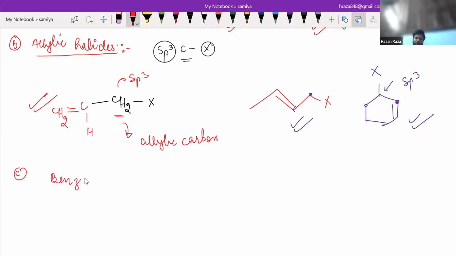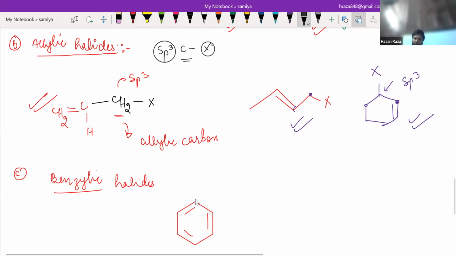Now the next is benzylic. Benzylic is also part of sp3 C-X, and we are talking about benzylic halides. You already know that every carbon in benzene is sp2 hybridized, so we cannot directly do this in this classification because X would be connected to sp2 hybridization, which is wrong, since this classification is for X connected to a carbon with sp3 hybridization.